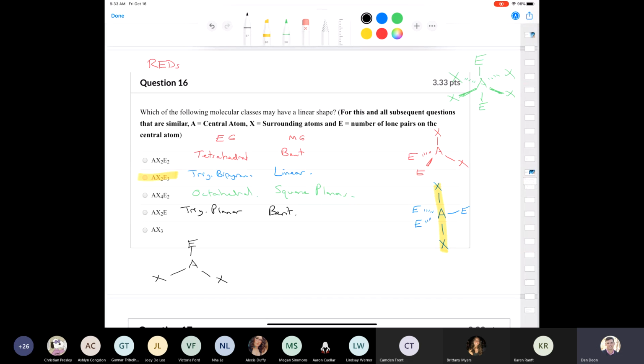And then finally, for the last one, we have AX3. Since there are no lone pairs, the electron geometry and the molecular geometry are both going to be trigonal planar. That would look something like this, where I have my A with 3 X's surrounding it.